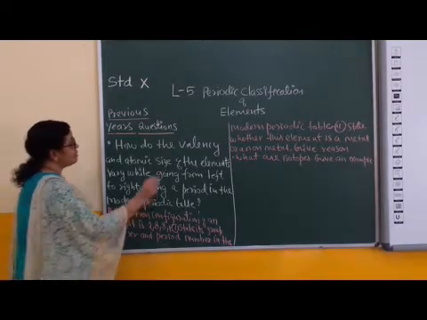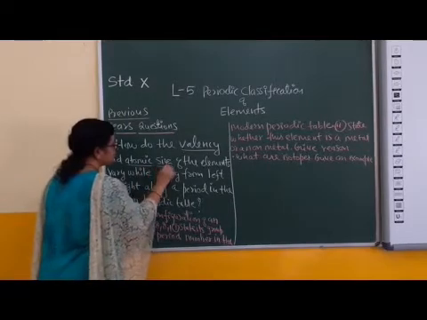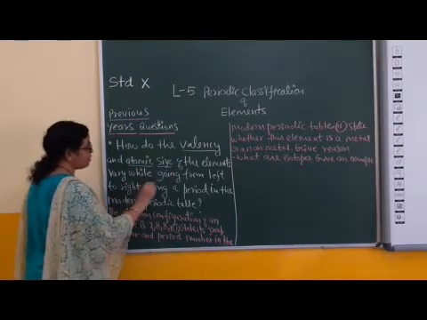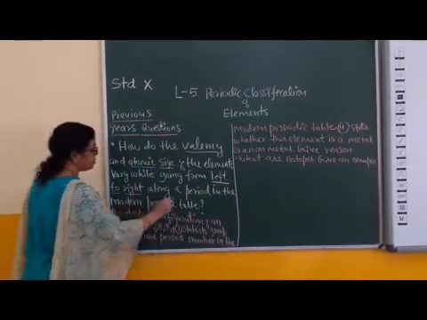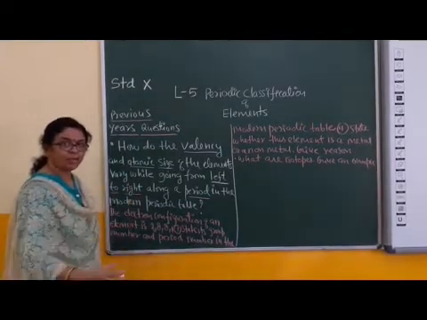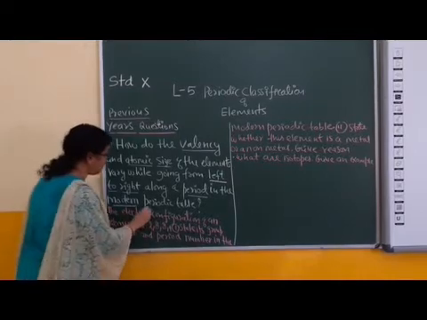Here is a comparison of valency and atomic size of the elements while going from left to right along a period. Left to right means period, and top to bottom means group, in the modern periodic table.